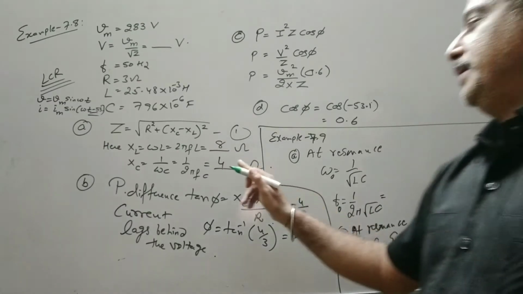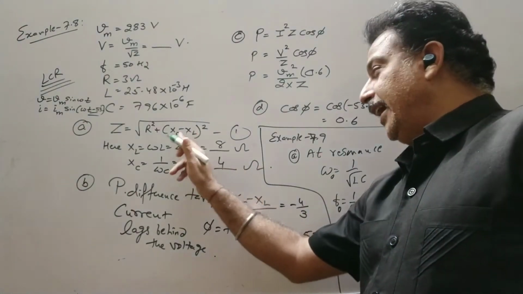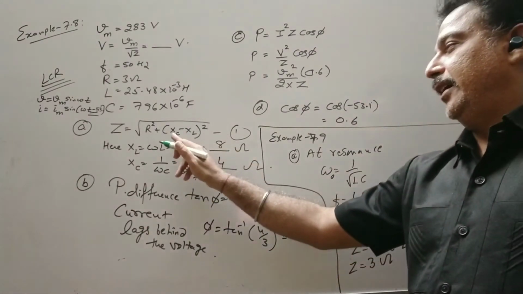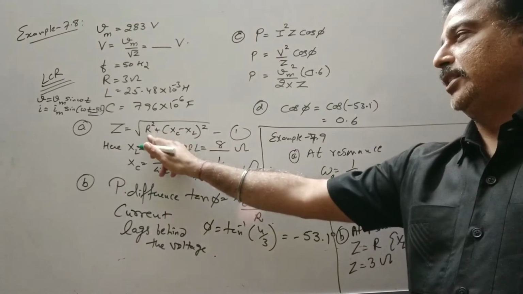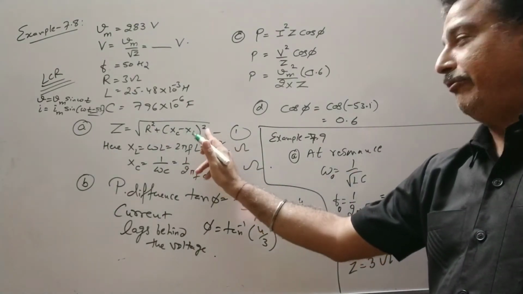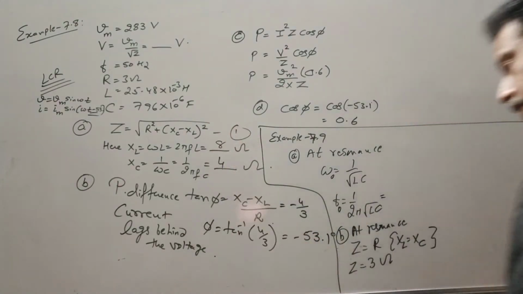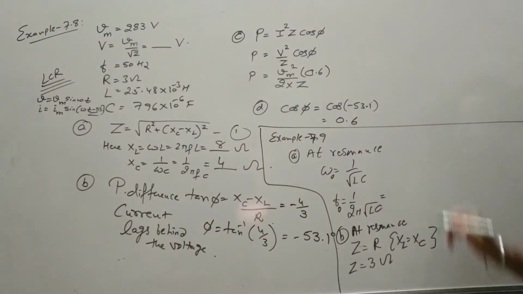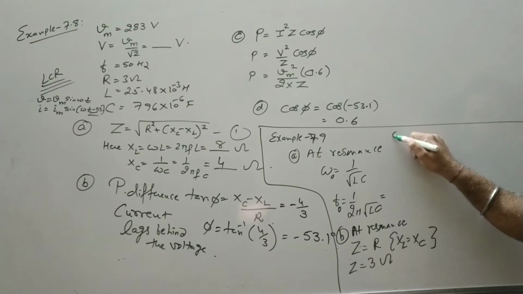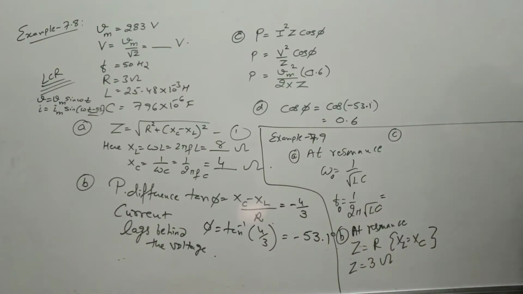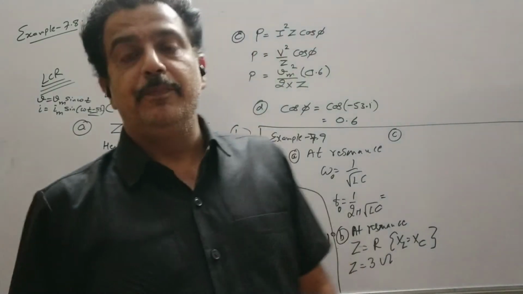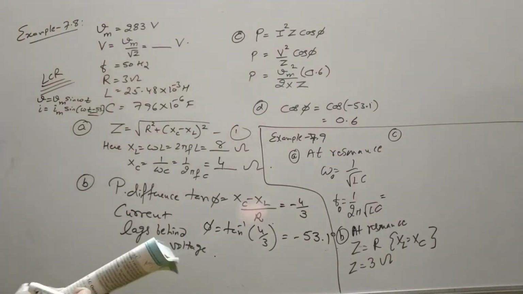You calculate this Z here: 4 minus 8, 4 square plus 3 square, so it comes out to be 5 here. So the impedance here is 5 ohms and here the impedance comes out to be 3 ohms. We know that at resonance the current in the circuit becomes maximum because the impedance decreases.